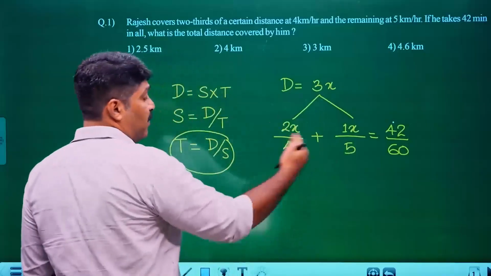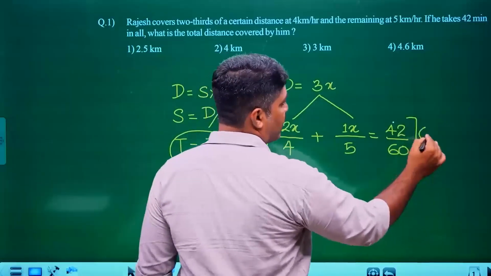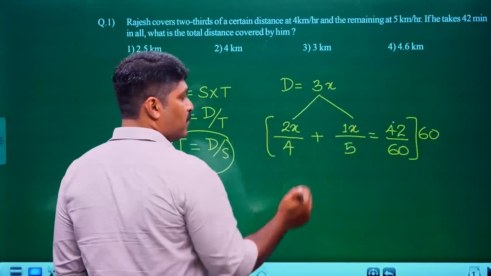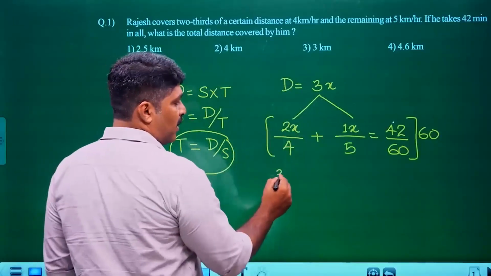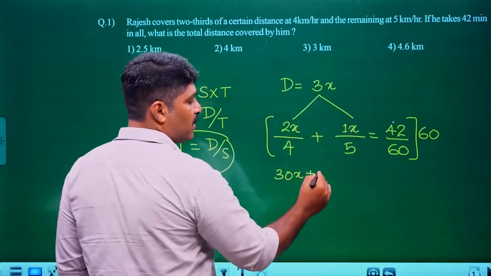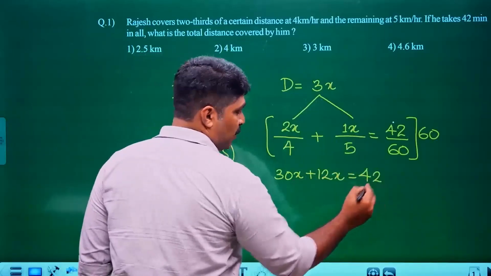So this is 2 by 4 into 60, that is 30x, and another one, 1 by 5 into 60, that is 12x, which is equal to 42.